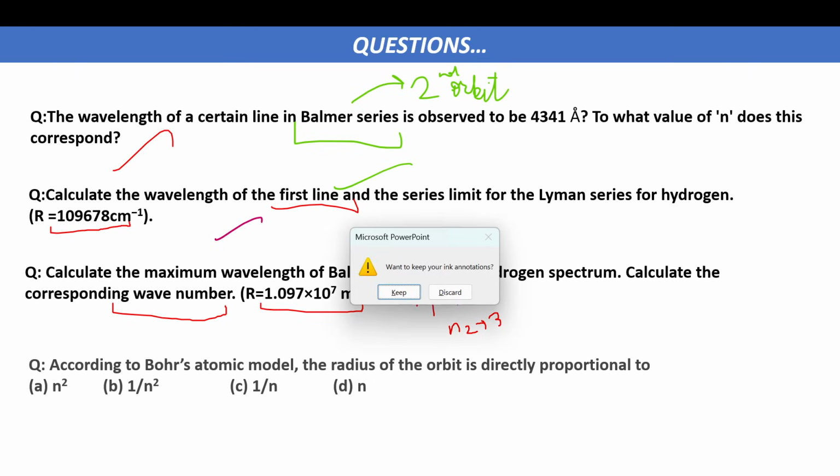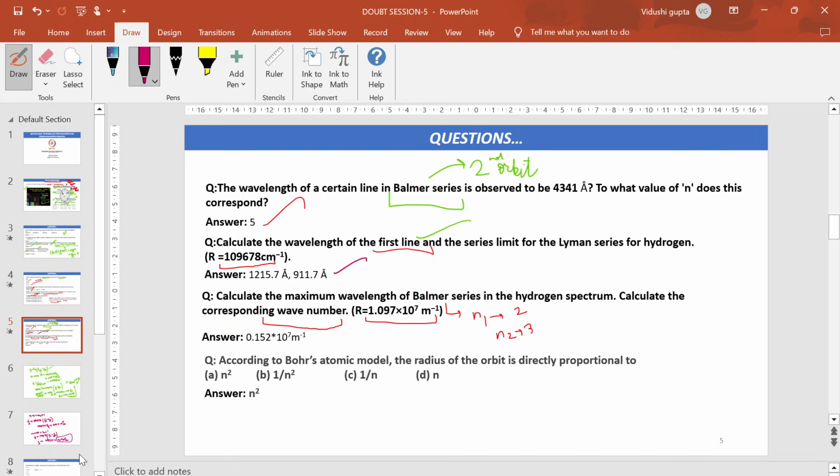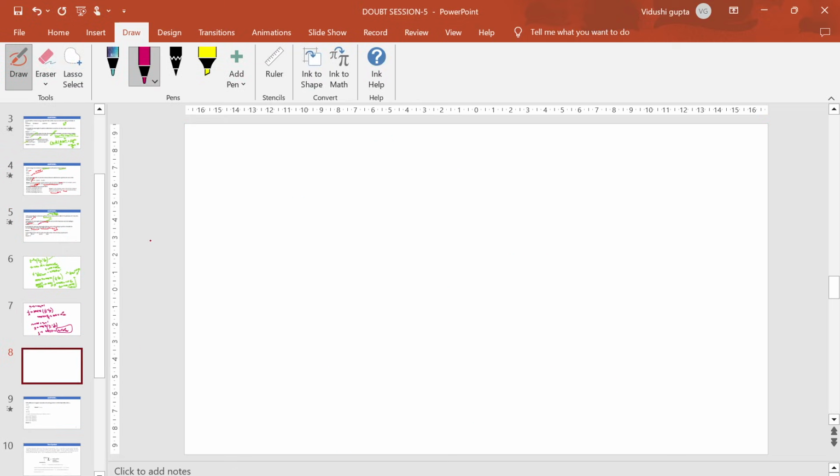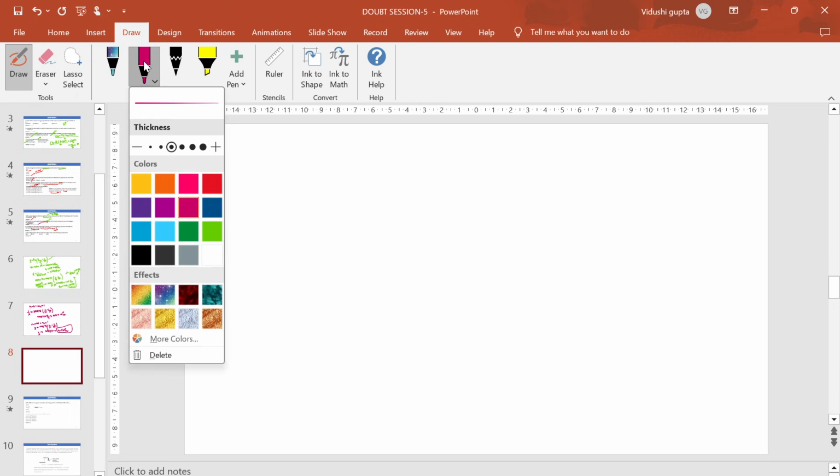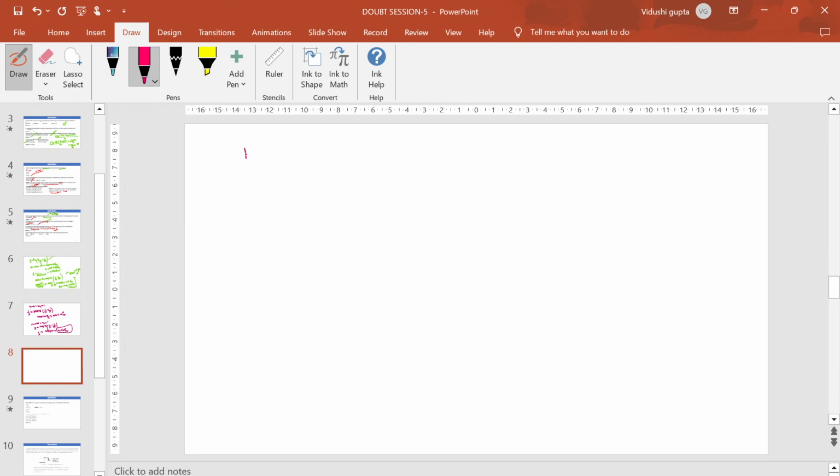Now it will be 1 by wavelength. R was given to be 1.097 into 10 raised to 7 centimeter inverse into 1 upon 2 square minus 1 by 3 square.